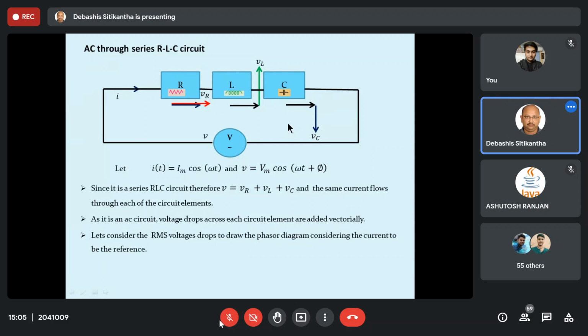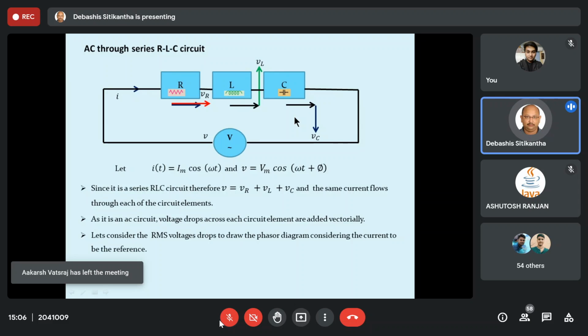Now, unlike your DC circuit, where in KVL you add all the voltage drops algebraically, remember this is a purely AC circuit, and in an AC circuit you cannot add the voltage drops directly in an algebraic manner. So you have to add them phasorially, or rather vectorially.